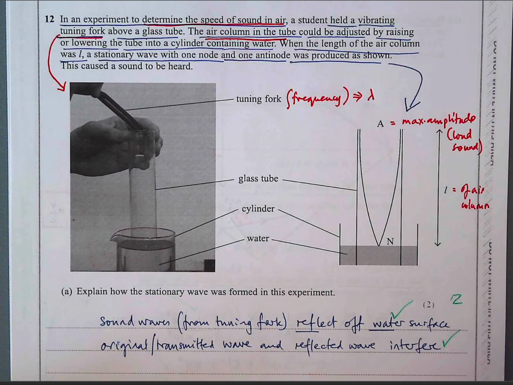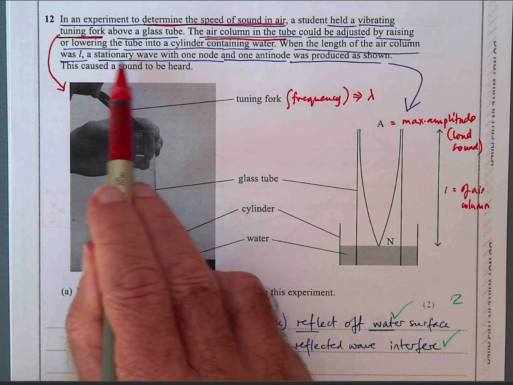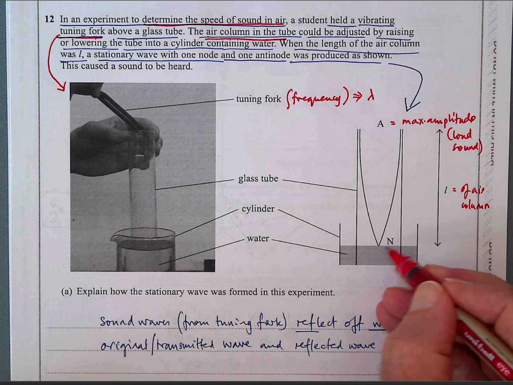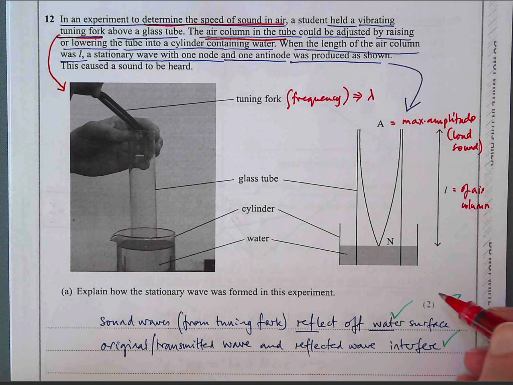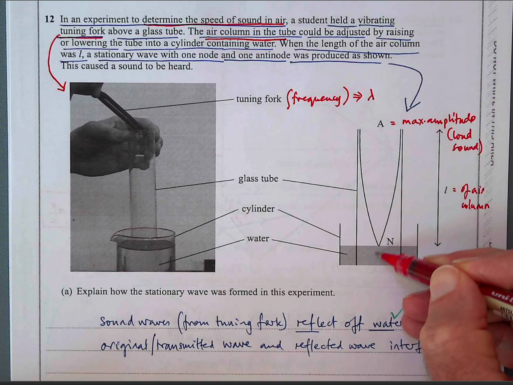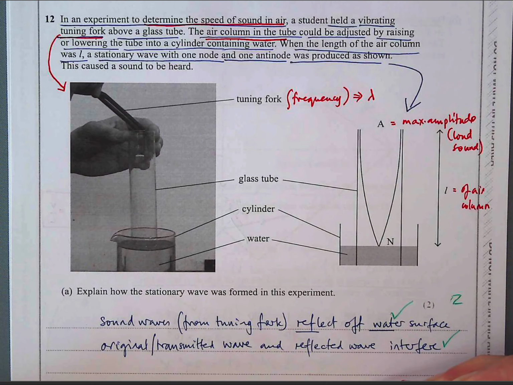Okay? And you can do this experiment if you have a tube, some water, and different tuning forks. When this happens, a stationary wave with one node and one antinode was produced. So node here and antinode there. This is not even half a wavelength. Half a wavelength would reach until the second antinode, and then it would go down.